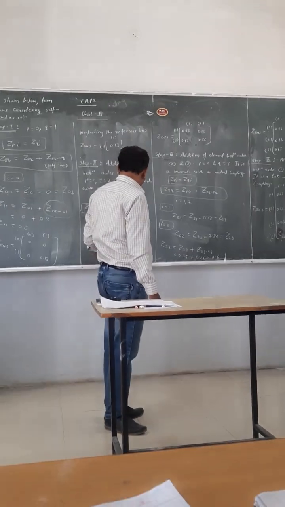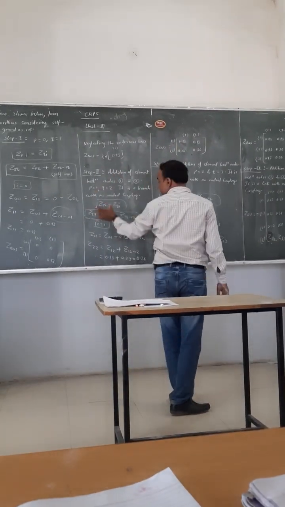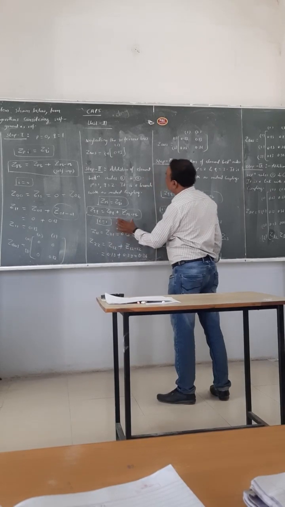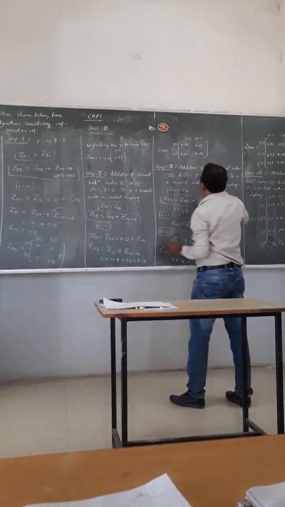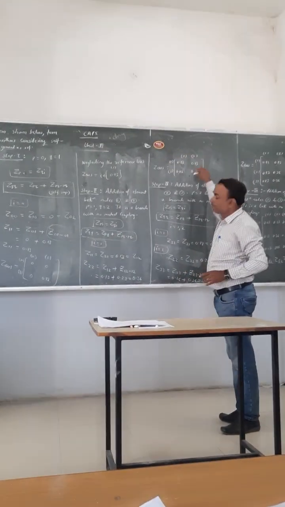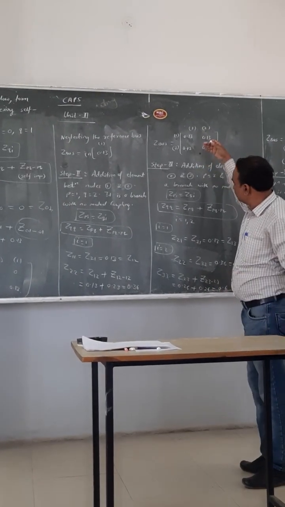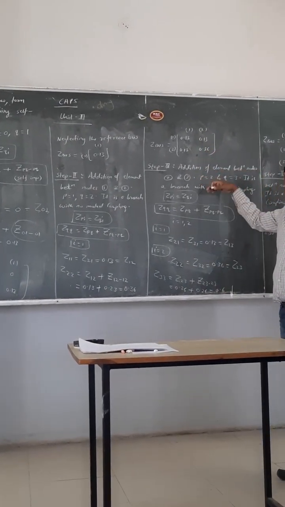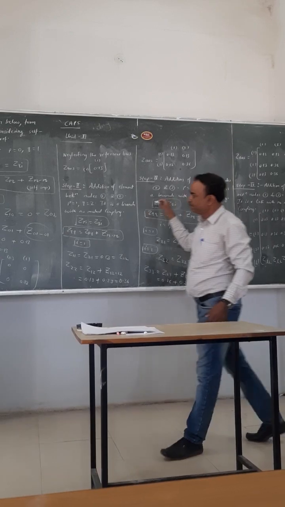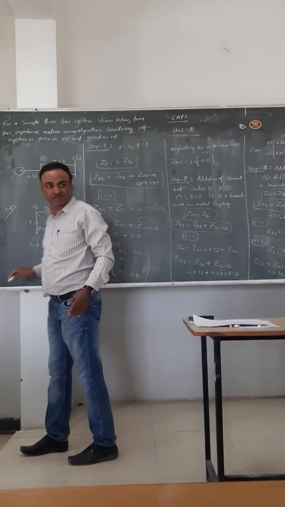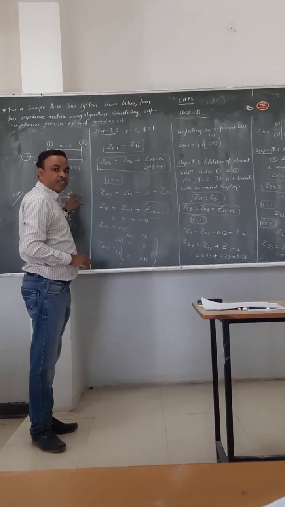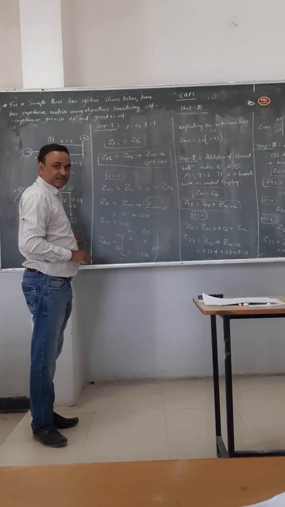So the new element is, we have already with us this Z11. So the next is 2. In this way, another element is added. The next element we have added is also a branch between the node 2 and 3. Is it clear?